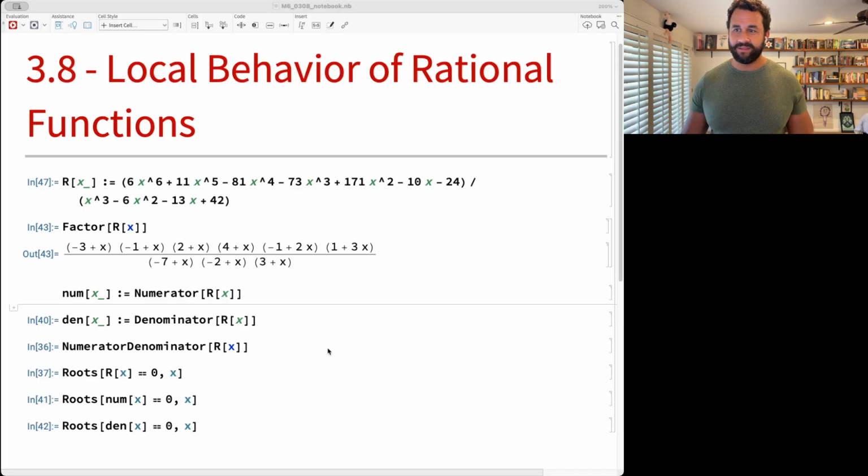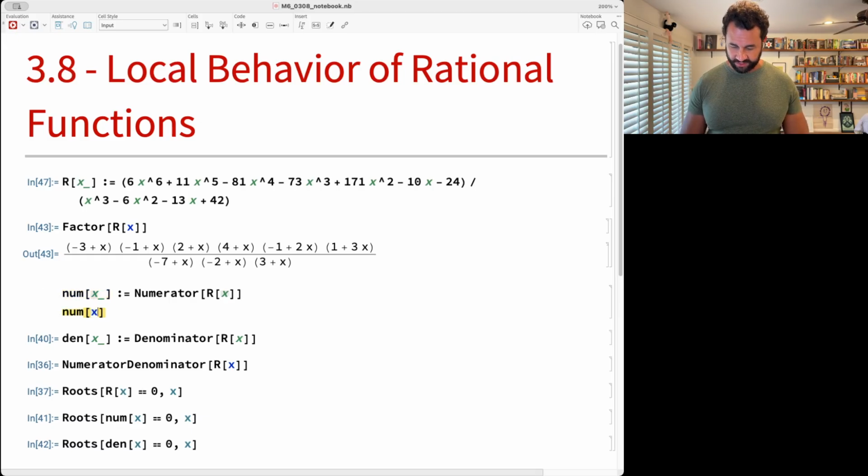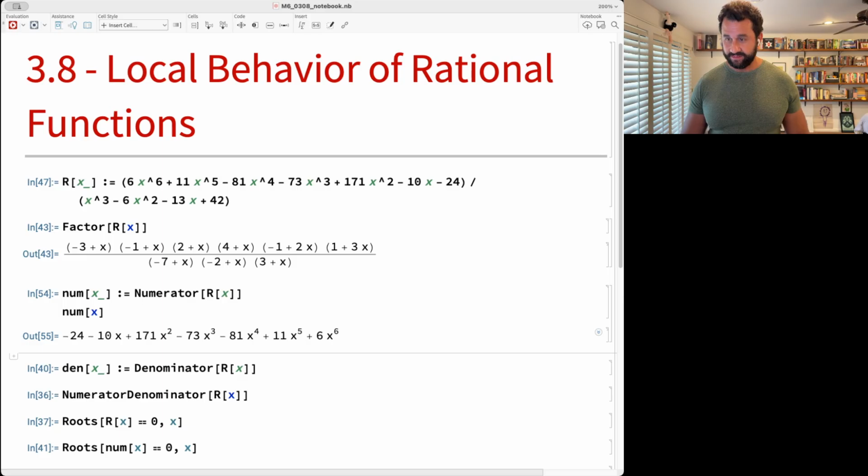Okay, sorry about that. So, as usual, I'm just overlooking something obvious here. So here I'm defining the numerator, this num function to be the numerator. So when I compile it, it's just defining it as the numerator. If I wanted to actually list the numerator, I need to call that function. So I need to actually have it spit out the numerator.